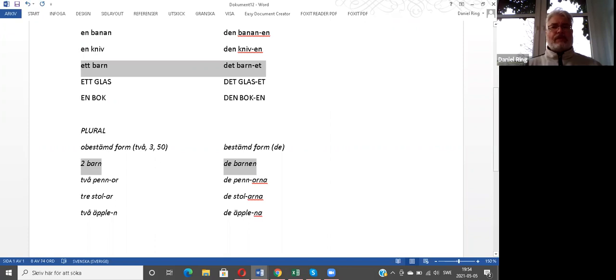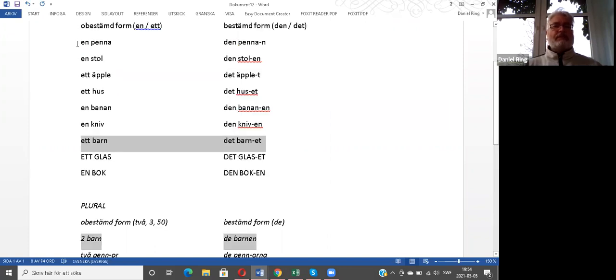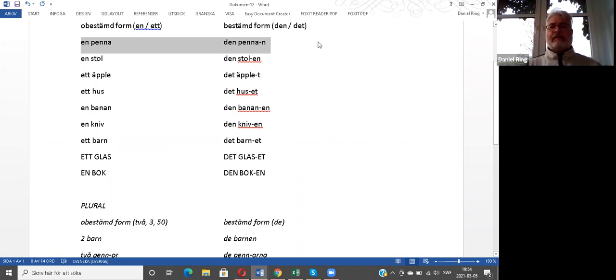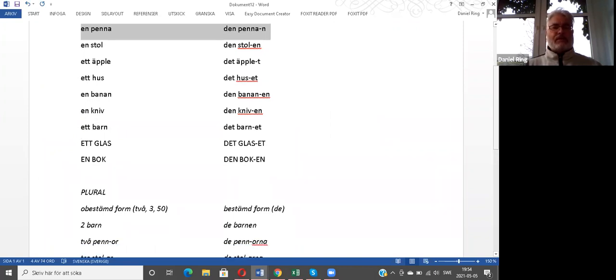A bit further up, we have the example with a pen, en penna, den pennan. This is perhaps one of the best examples because it's very clear that in plural we have två, not penna, but två pennor, or as a suffix. And in decisive form, those pens, de pennorna.